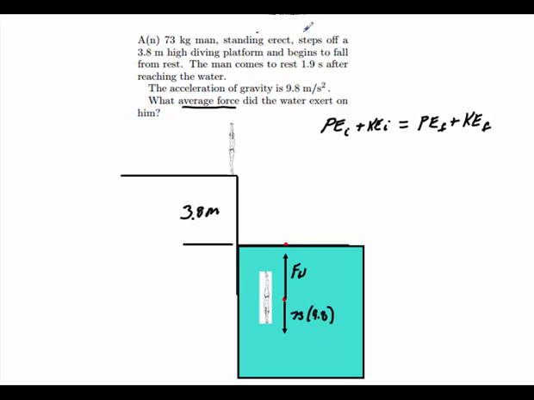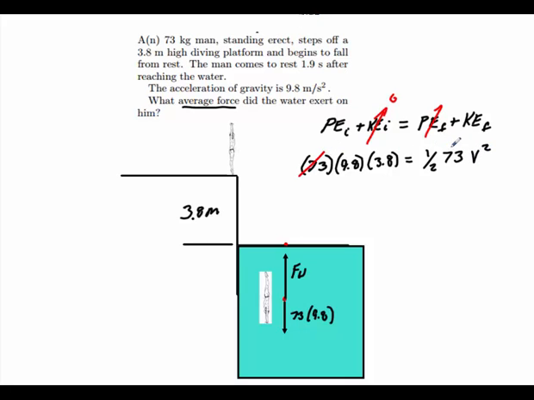When he's stepping off, his kinetic energy is 0, and at the water the potential energy is 0. So 73 times 9.8 times the height, 3.8, must equal 1/2 times the mass times velocity squared.